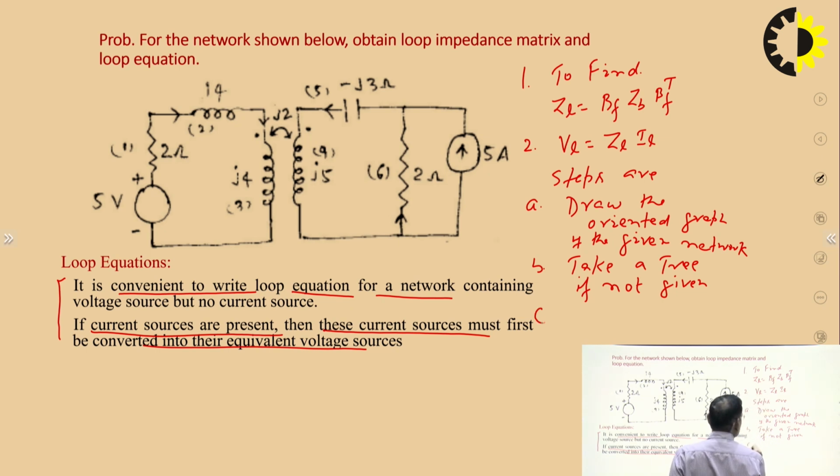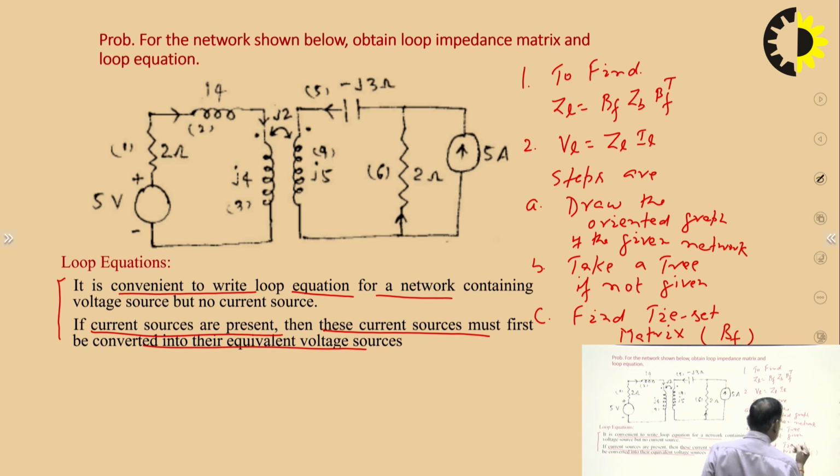Third, find the tie-set matrix, denoted by BF. Then find the branch impedance matrix, denoted by ZB.